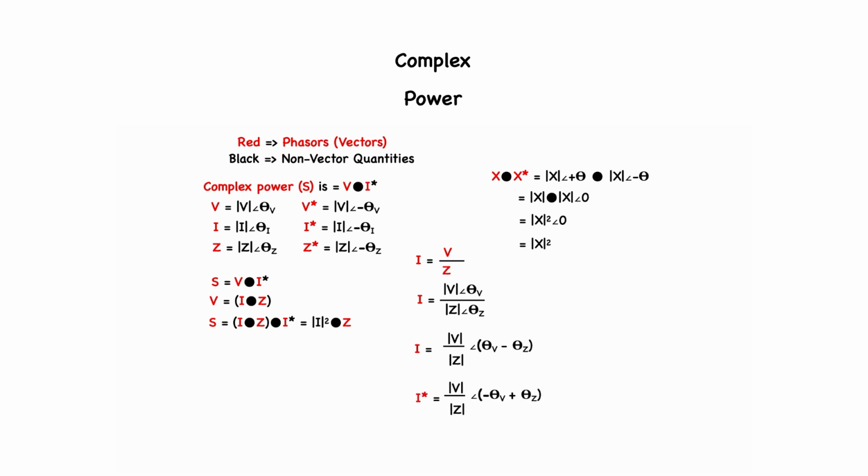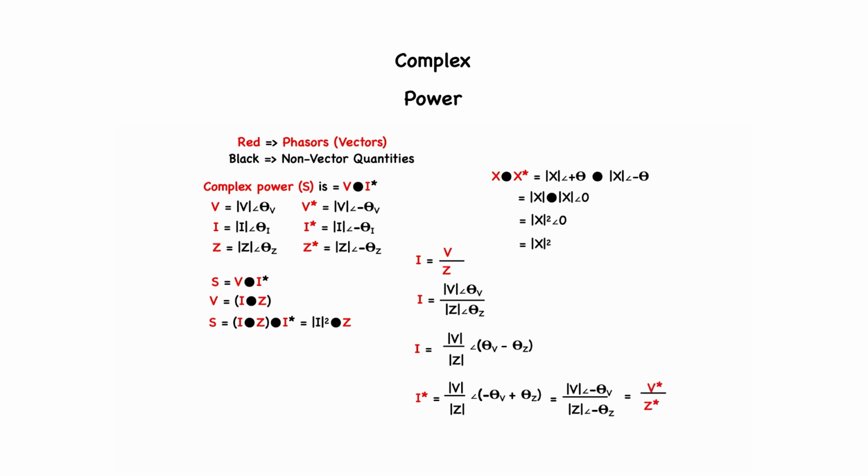Same magnitude, I'm leaving the magnitudes the same, and I'm just taking the minus of the angles, which would be minus theta V plus theta Z. And I can move that term into the denominator now, and I now have magnitude V times the angle minus theta V over magnitude Z times the angle minus theta Z, which is V conjugate over Z conjugate.